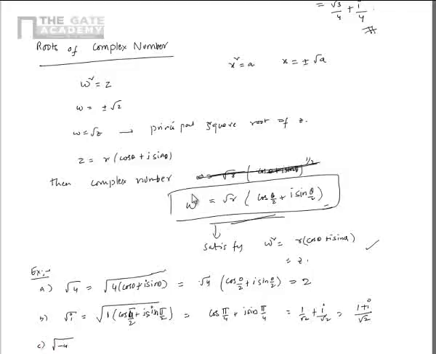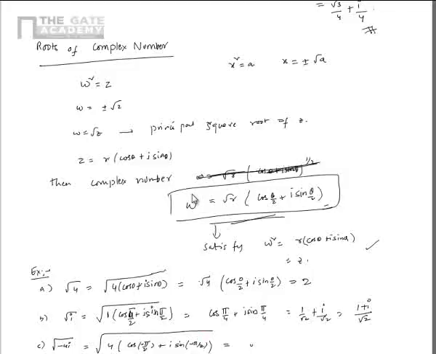Now root of −4i. How do I write this? The modulus is 4, since a modulus can't be negative. In other words, I can write this as cos(−π/2) + i sin(−π/2), because sin(−π/2) is −1 and cos(−π/2) is 0, so this makes −i.